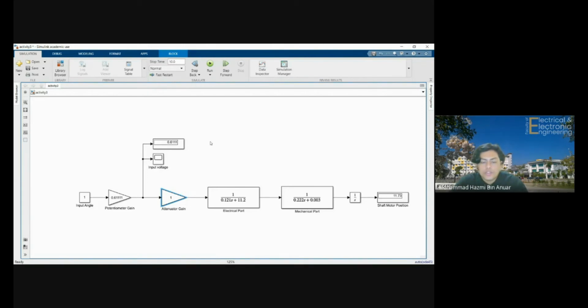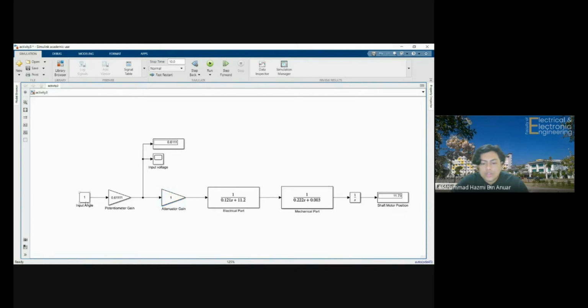Next, we proceed with question number 4, which is to increase step by step the value of the input angle from 0 until 10, with the attenuator gain at 1, and observe the shaft motor position display and what happens to the system.